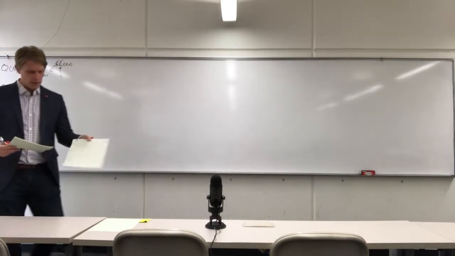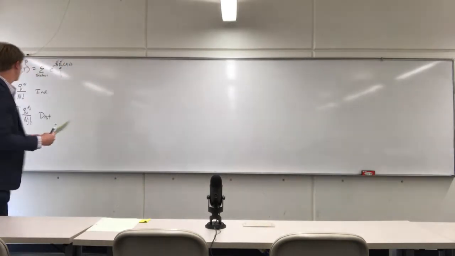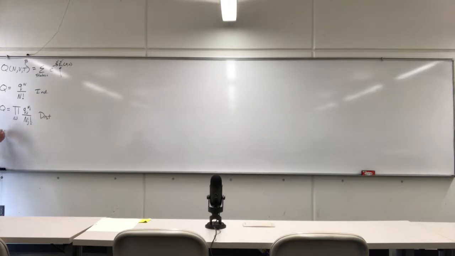What we also talked about is that we could break down the individual partition function for a single particle. Where the partition function for A and the partition function for B would be some sort of independent energy mode.